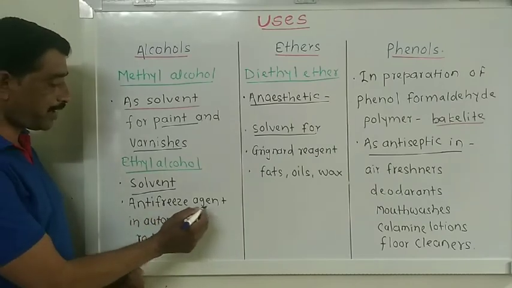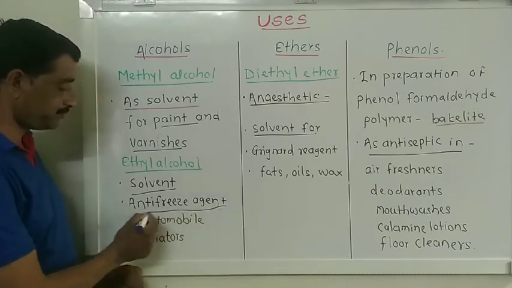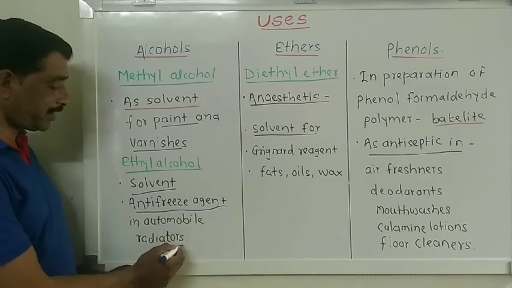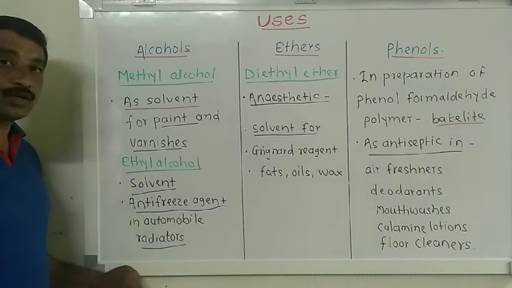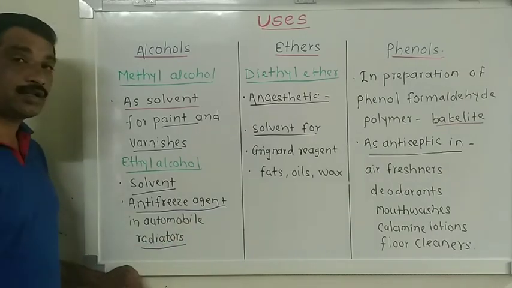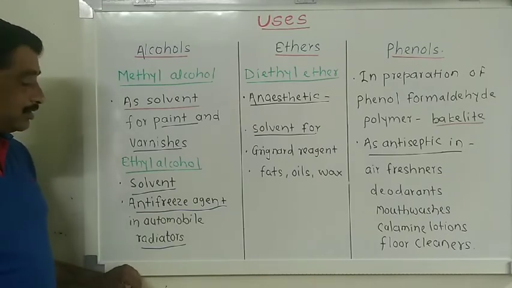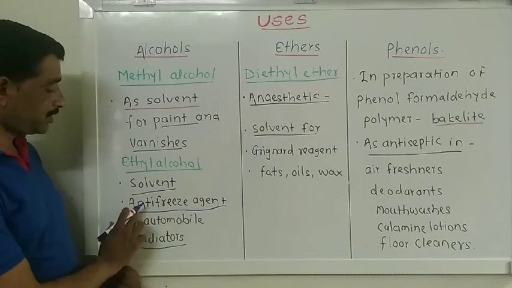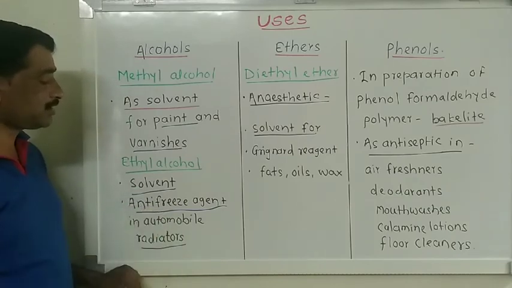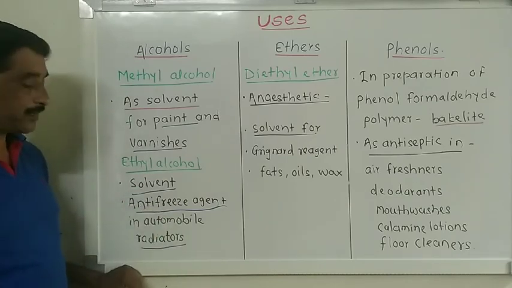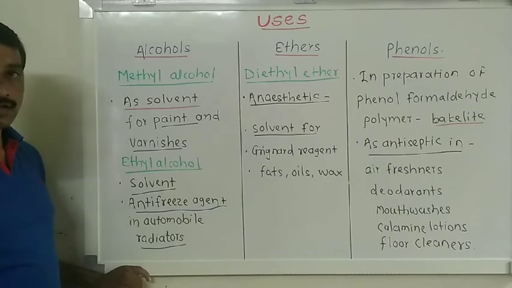It is also used as an antifreeze agent in automobile radiators. In cold countries, the water in the radiator is converted into ice, and therefore ethyl alcohol is used as an antifreezing agent in the radiators of automobiles.